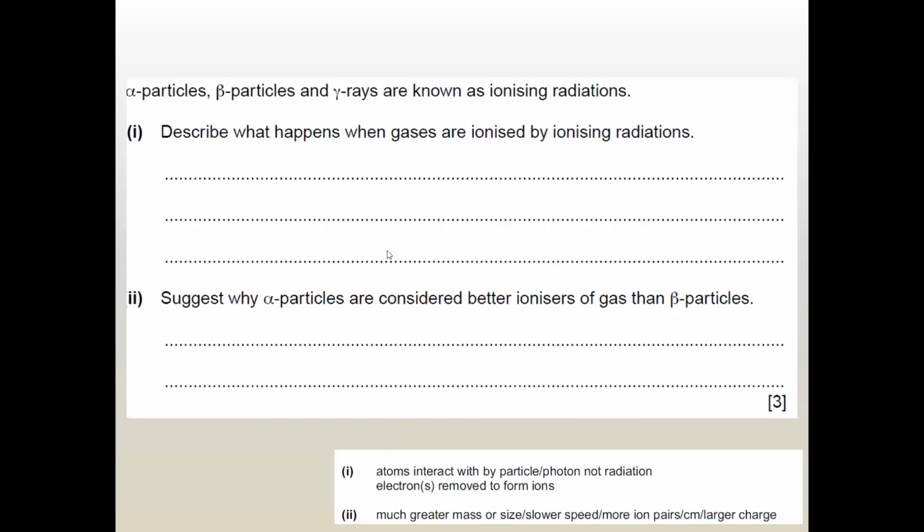So the next part is also related to ionization. Alpha, beta, and gamma are known as ionizing radiation. What happens when gases are ionized by ionizing radiation?